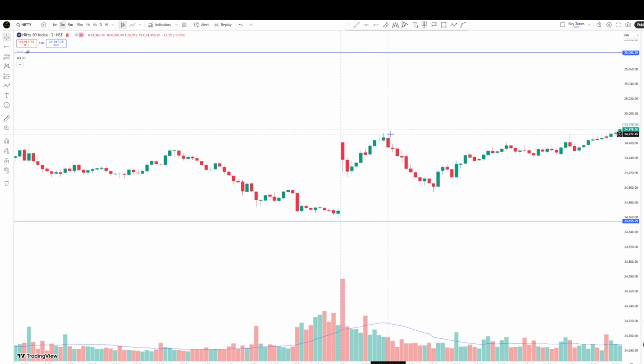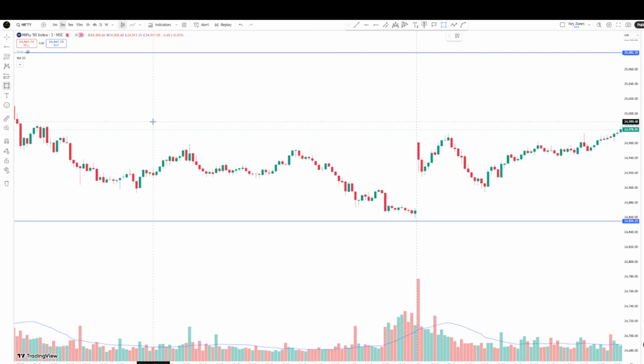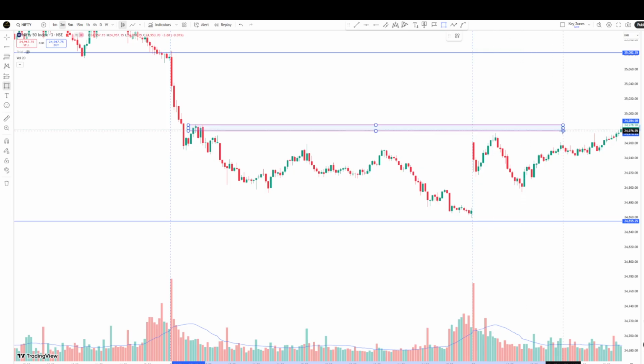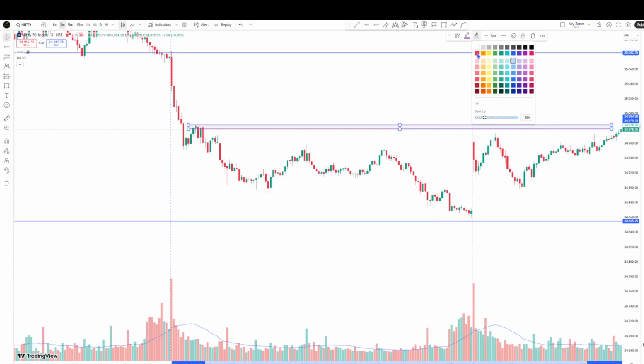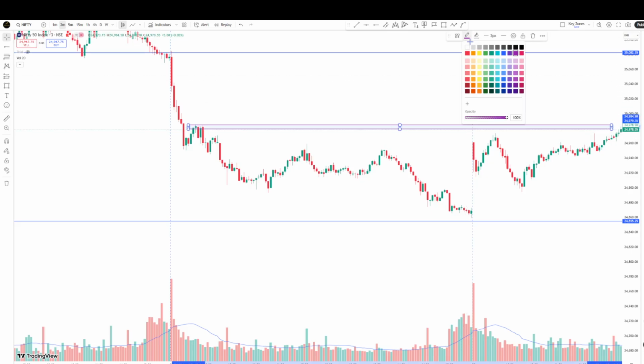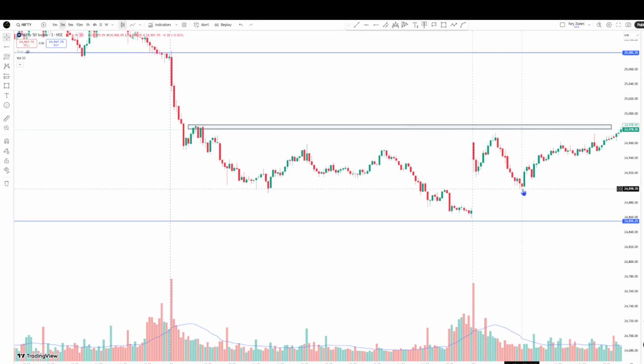And in options data, it is clearly mentioned that 21,000 is a good resistance zone. I mean, the call writers successfully dragged the market till here.